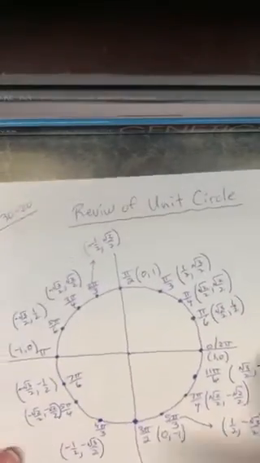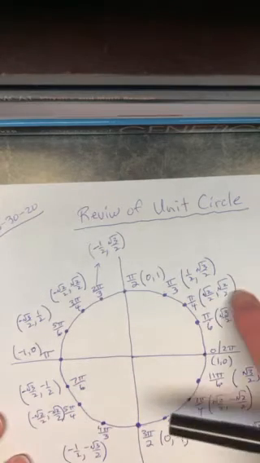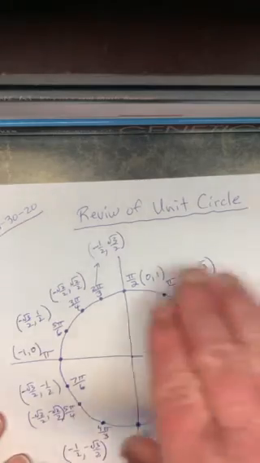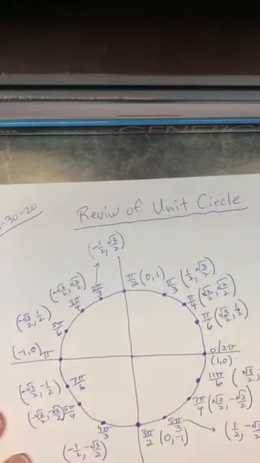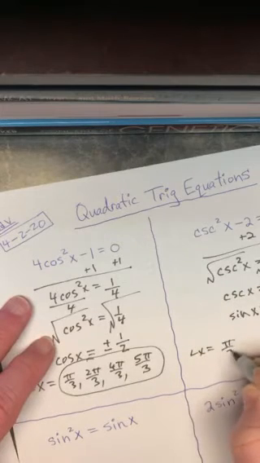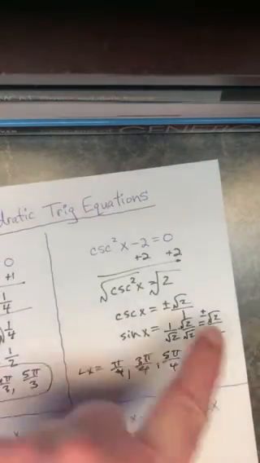Well, if you'll remember on your unit circle, doesn't that happen every 45 degrees around here? My y coordinate is radical 2 over 2 at all of the pi over 4s, right? So my 4 answers would be pi over 4, 3 pi over 4, 5 pi over 4, and 7 pi over 4 when you look at the 4 values.